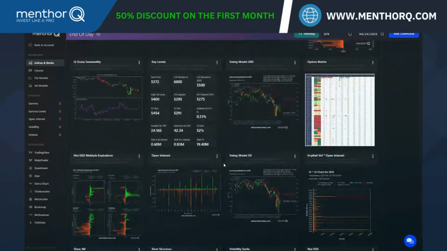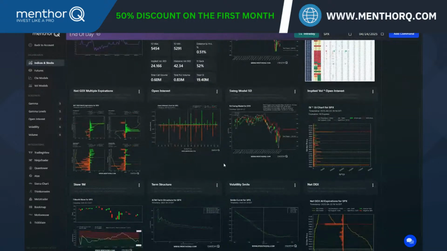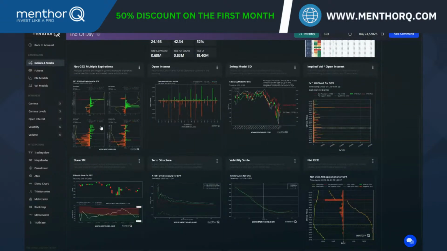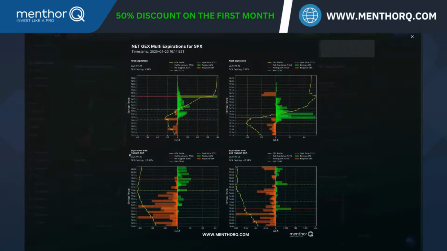Another thing that I like looking at, if I'm trading SPX, is to get a sense of where the expirations are over the next few periods. As we know, SPX is traded daily.